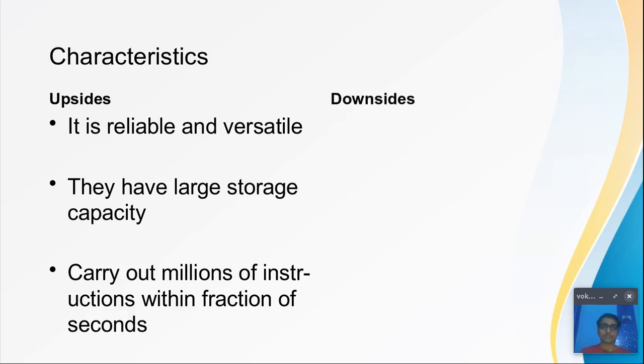On the downside, that is the negative characteristics, the computer has no intelligence. What it means is that it works only on the input or the instructions that are provided by its user.